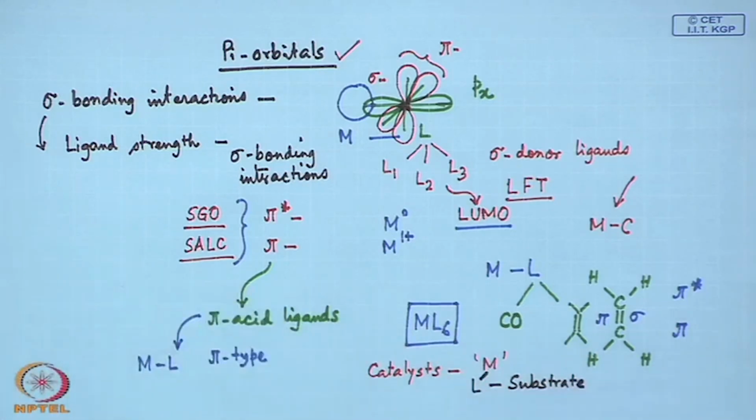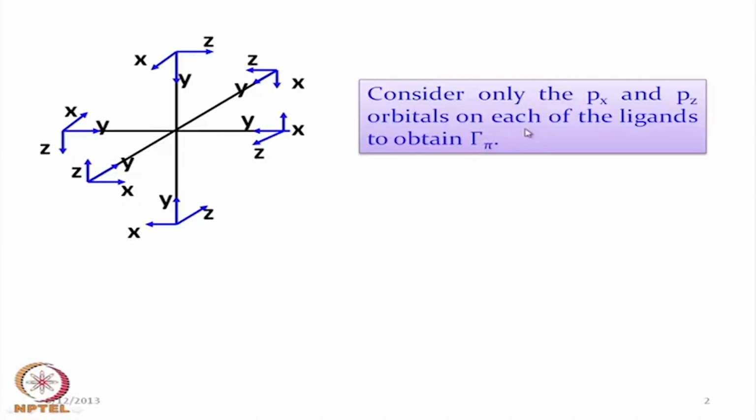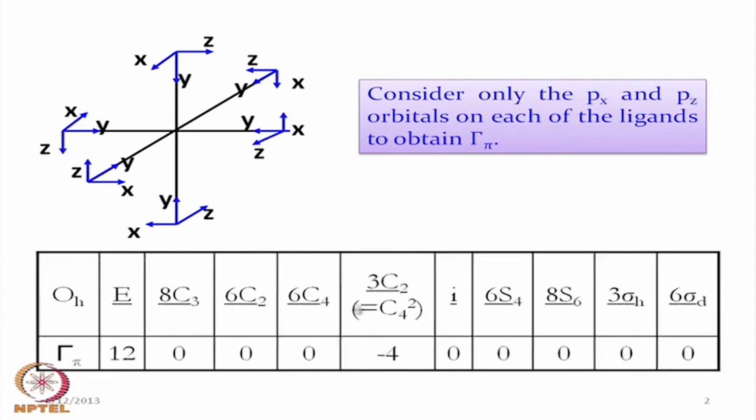So, the number of pi orbitals available for this system is very important. On each ligand site we have 2 orbitals available. So, 6 into 2, that means we have 12 orbitals in our hand, and those 12 orbitals will have matching orbitals from the metal ion site.